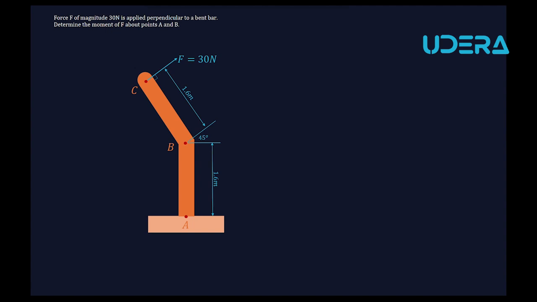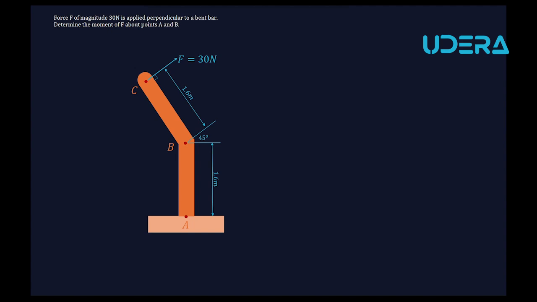So basically, when we are asked to find the moment about a point, first thing is to find the distance from the given point perpendicular to the line or lines of action.